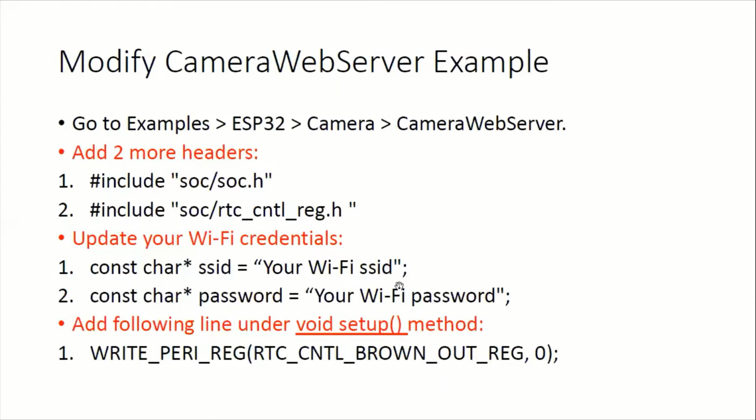So update the Wi-Fi credentials to which you are connected or you want your device to be connected with. Like if I am using the JioFi, I will write the SSID of the JioFi and the password that I use. Then in the void setup method, just in the first line itself, add this line.